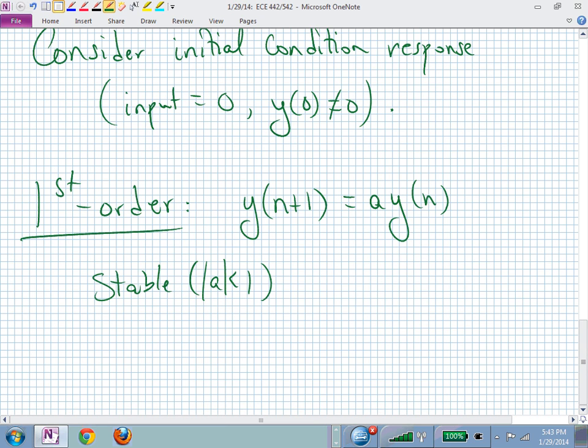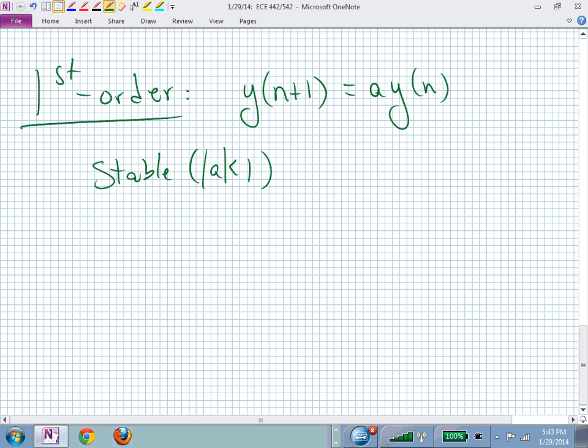If we know this is true, then we can simply iterate or recursively find a closed form solution between the initial condition and some ultimate value of y at some ending point, or what we might consider a stopping point, capital N, in number of samples.